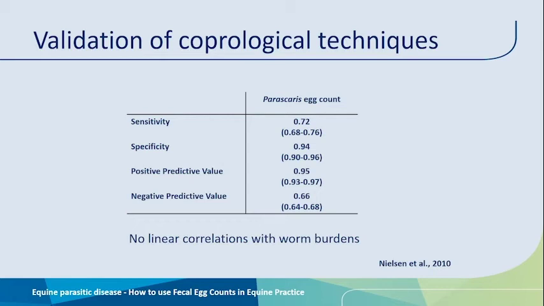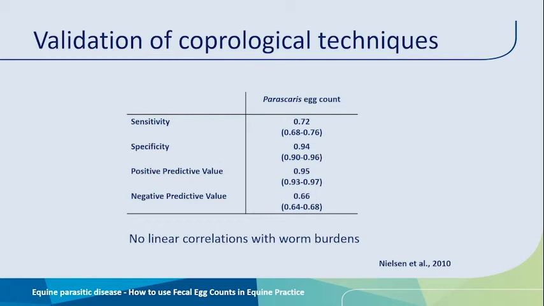So that's at least useful. You can trust a positive egg count, but look at the negative predictive value. There are false negatives, and so you cannot necessarily in a foal trust a negative egg count. Even though it's negative, it could still have ascarid parasites.